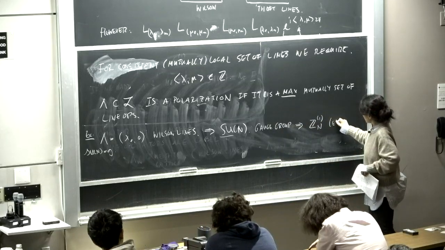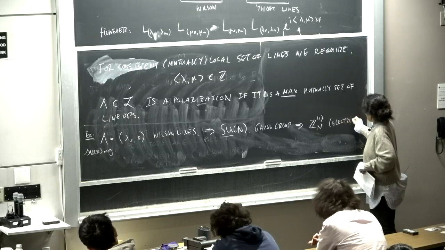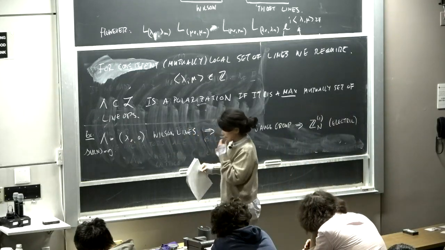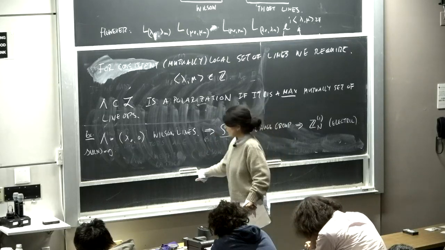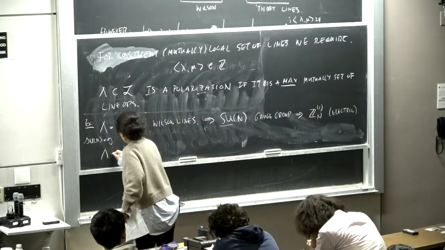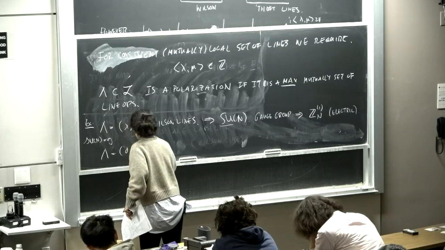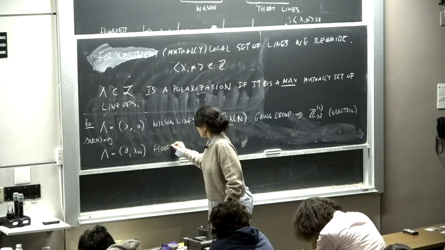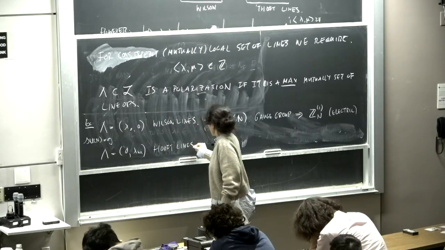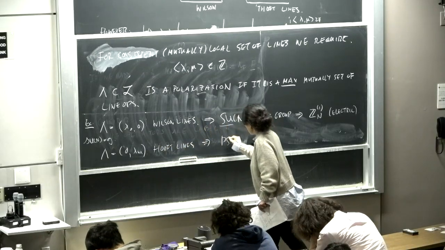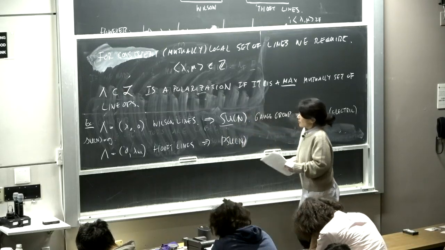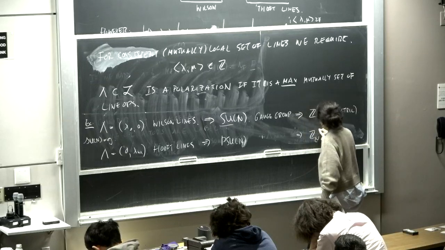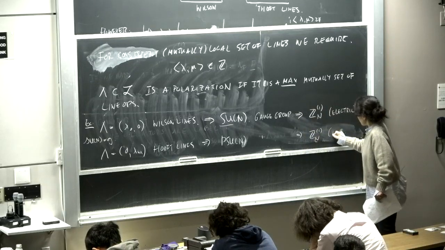That's an electric version because we have just these weights and no magnetic weights. But of course, we have another obvious choice, which is just picking the magnetic ones. These are 't Hooft lines, and this becomes the PSU(N) gauge group, which again has a Z_N one-form symmetry, but now magnetic.